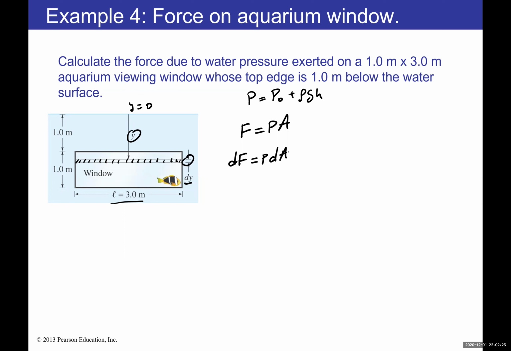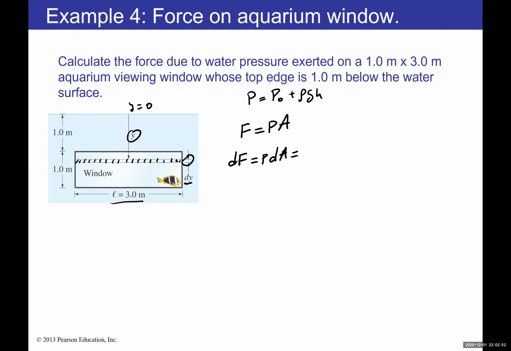Then I have a certain number of strips, so I can break the entire aquarium into this many strips and sum them up, which becomes pretty much the integral. So, P times dA.